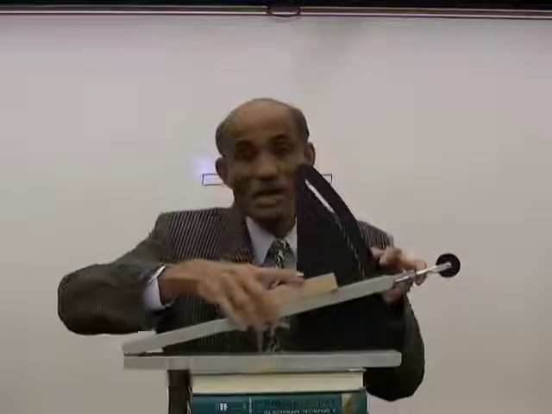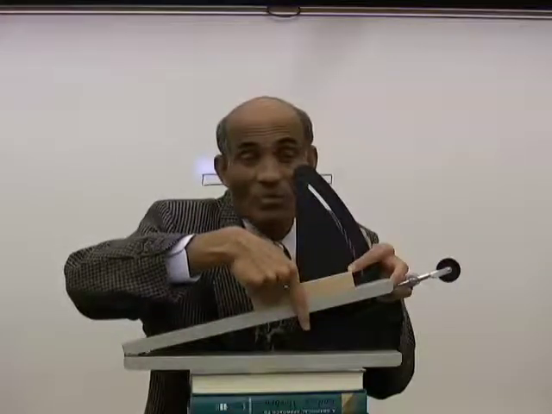Now what are the two components? There is one component of the weight acting down the plane like this, and there is another component acting at right angles to the plane like this, pressing the block onto the surface. So one more time, the weight of this block has a component down the plane and a component at right angles to the plane.